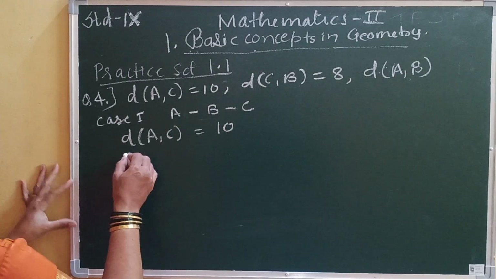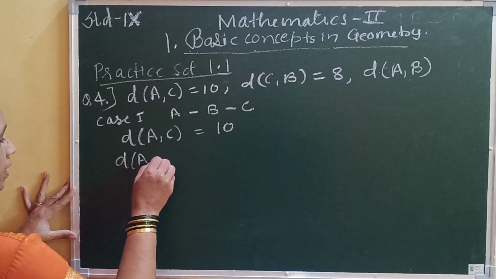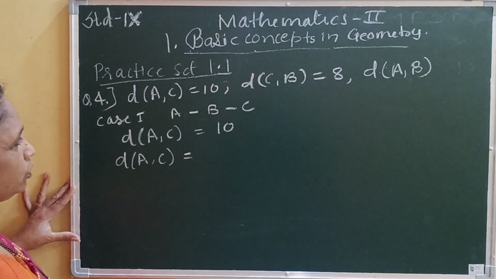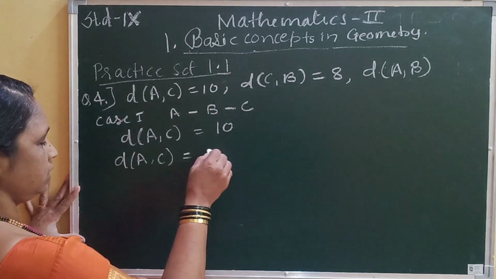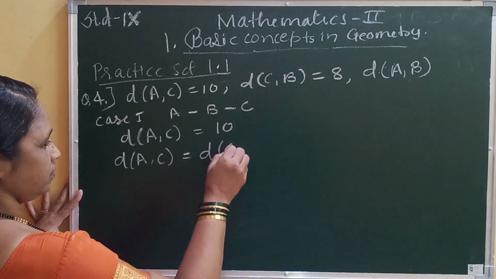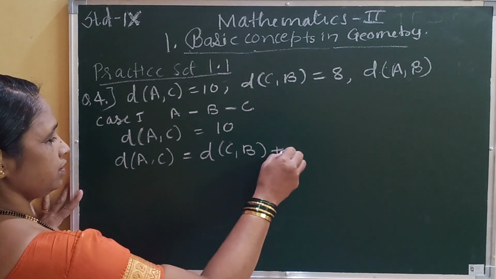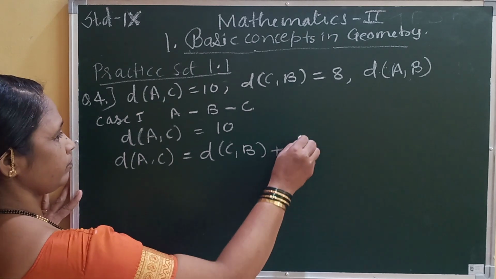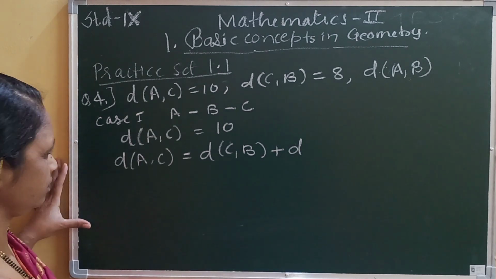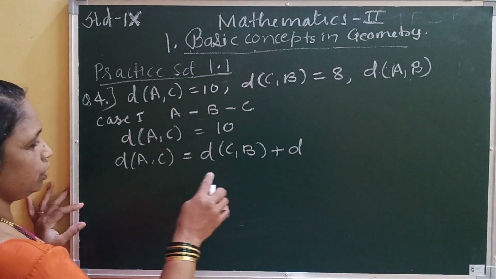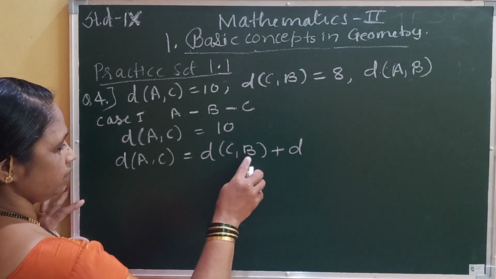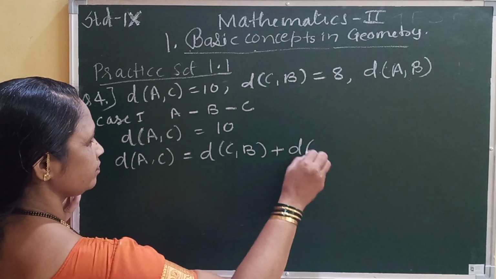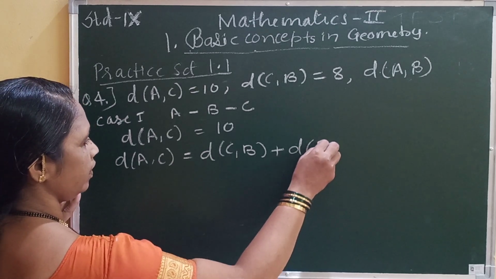Then how do we write this? Distance AC is equal to distance CB plus distance AB.